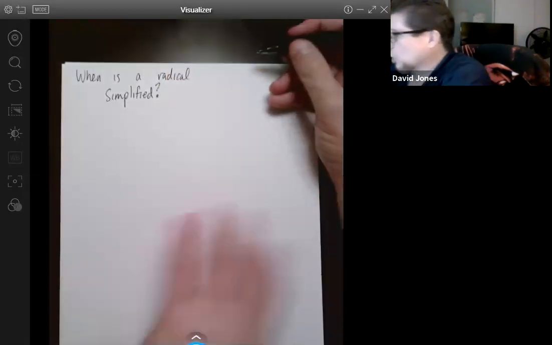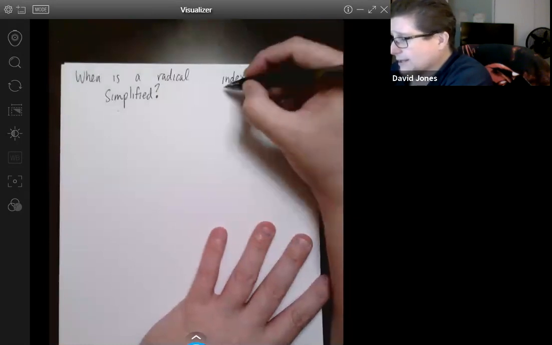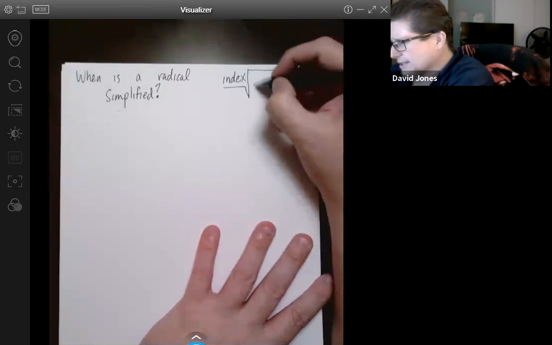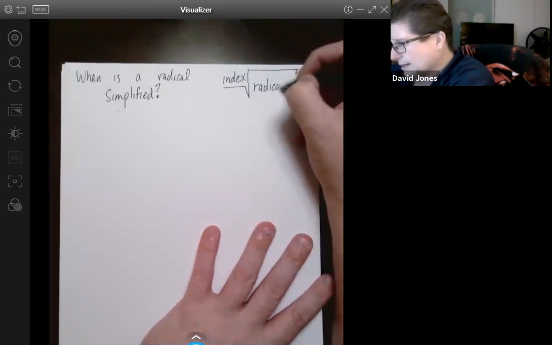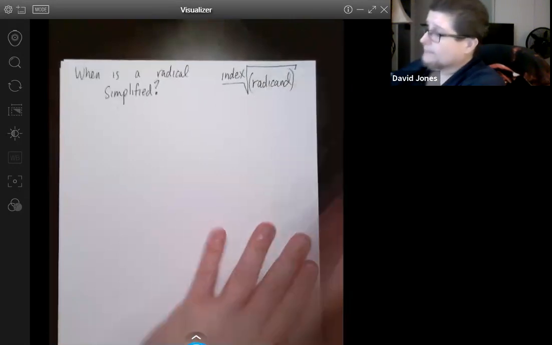And I'm going to use words, so I'm really going to illustrate this. I've got the index on the outside. That's the radical symbol. What's inside is called the radicand. That's what goes on the inside.